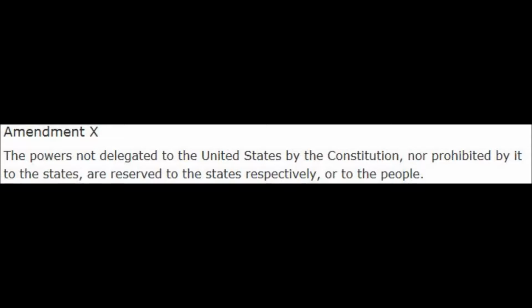Now, unfortunately for sovereign citizens, that restriction to only regulate commerce does not apply to states. Under the 10th Amendment, all other powers that are not given to the federal government remain with the states. So, unfortunately for sovereign citizens, the states can regulate non-commercial vehicles and non-commercial use of the roads.